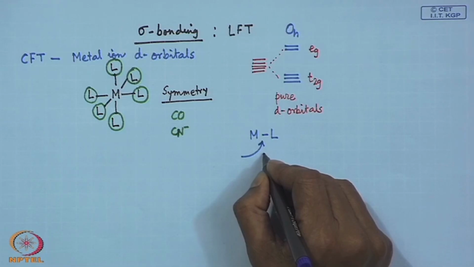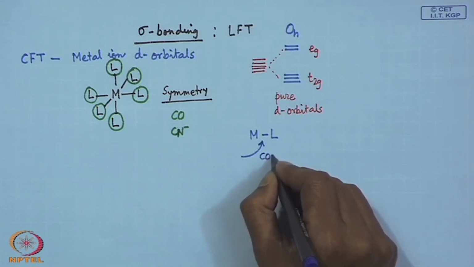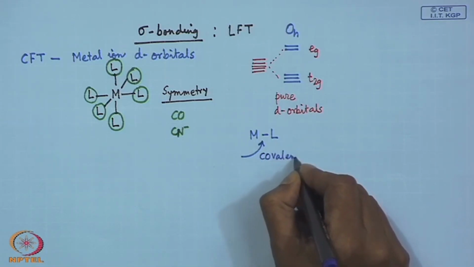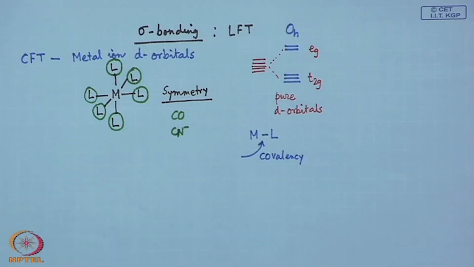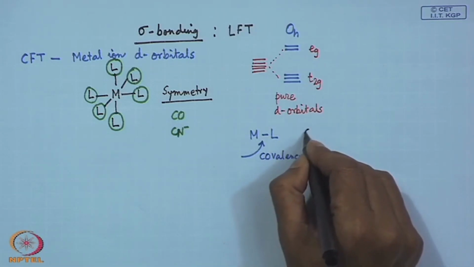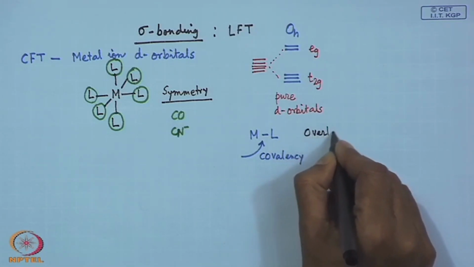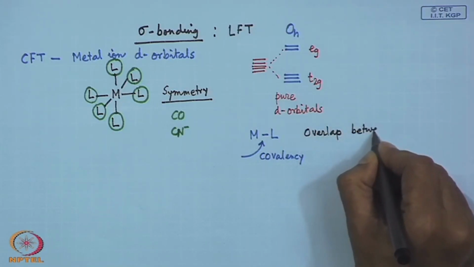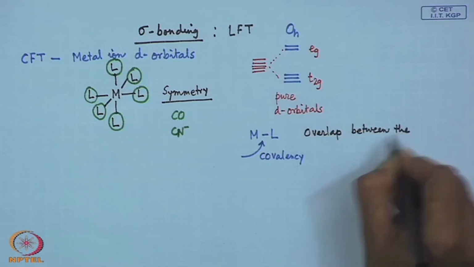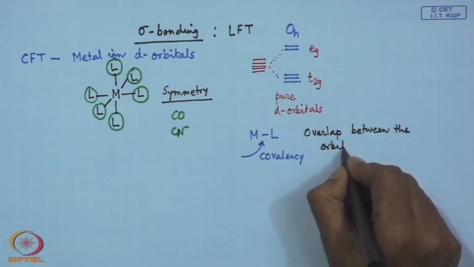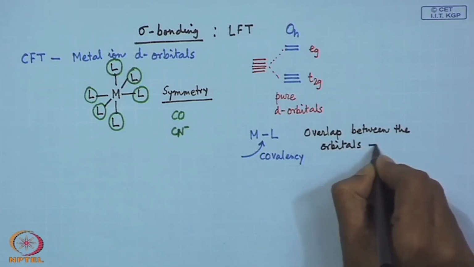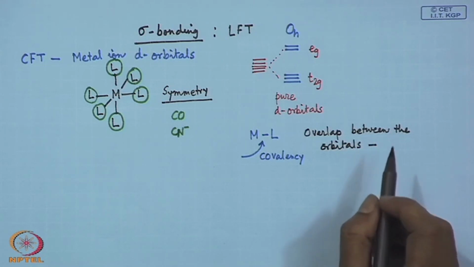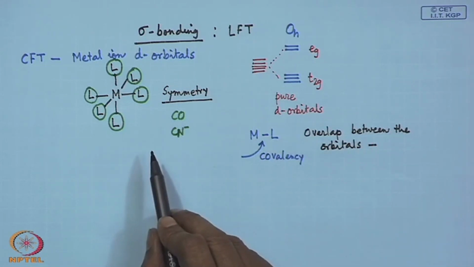So if we have some covalency in the interaction of the metal ion and the ligand, we should have some good overlap between the orbitals, that means the orbitals of the metal ion and the orbitals of the ligand.